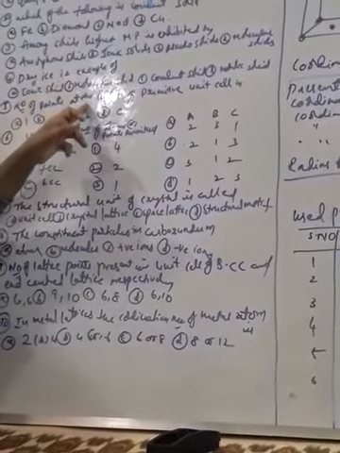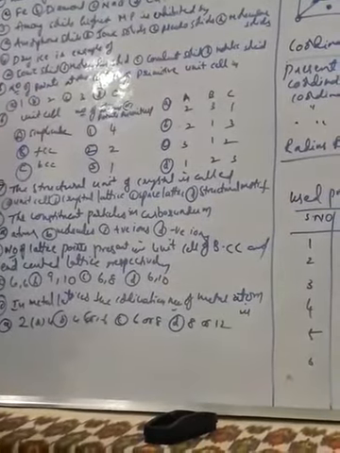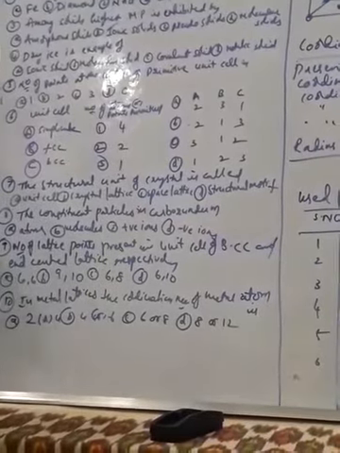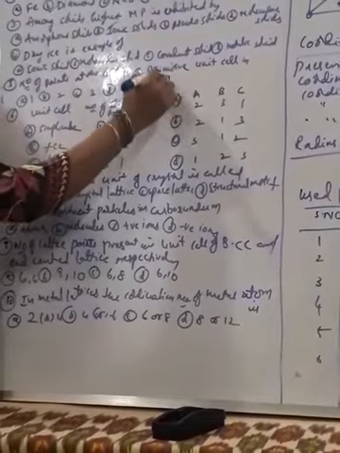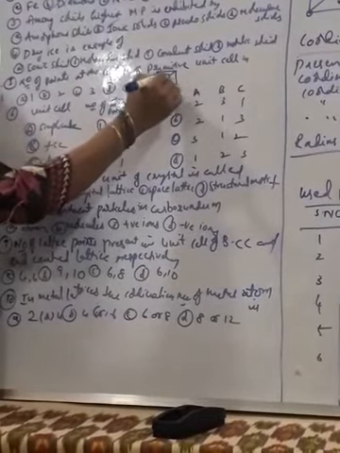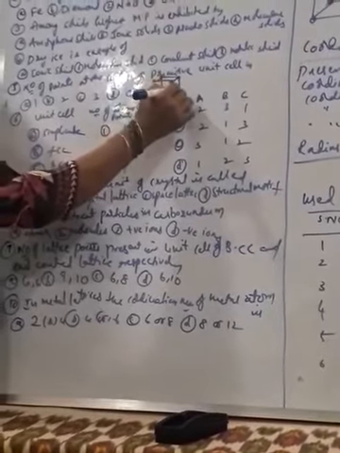Then, the number of points at the center of a primitive unit cell is. You know the primitive unit cell has only corner points. So 8 corners are there, having 8 corner points.